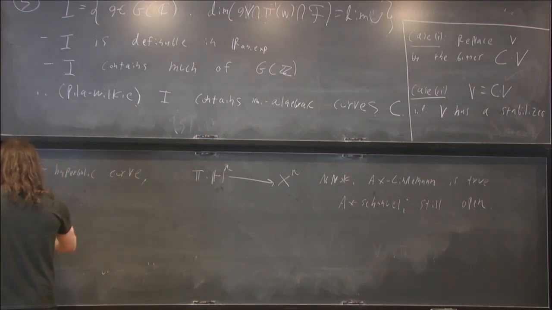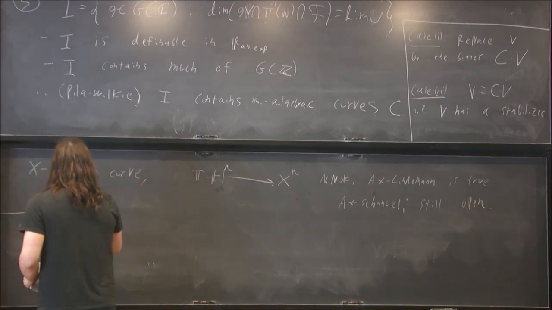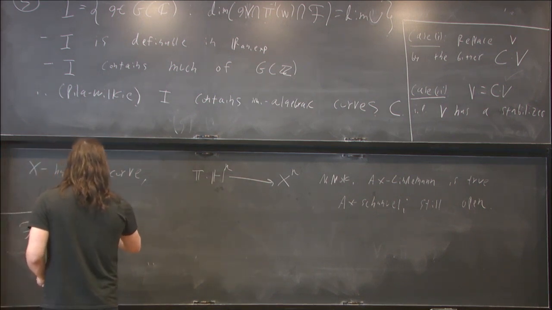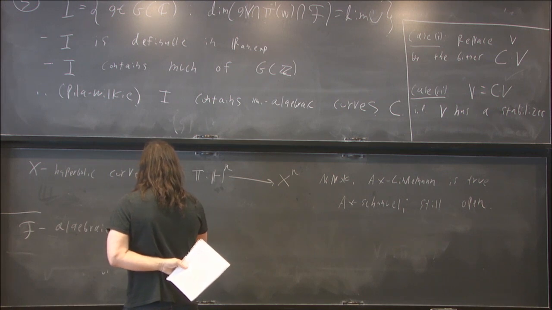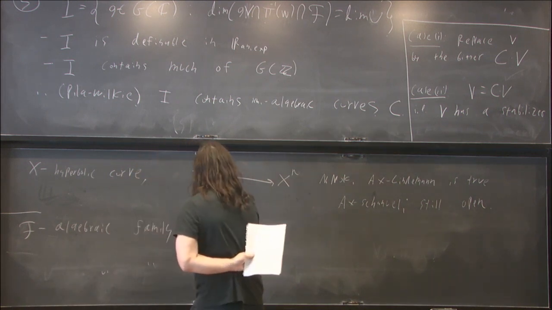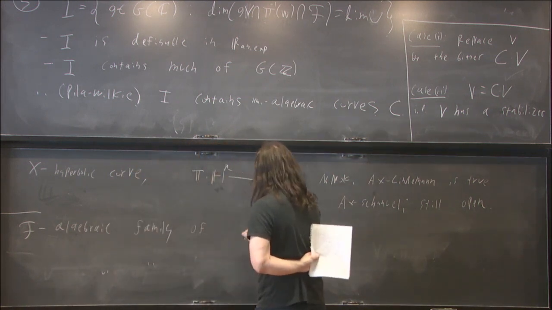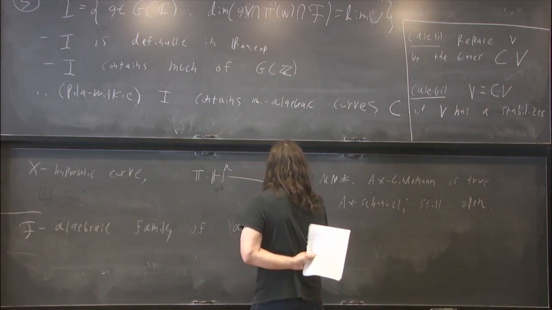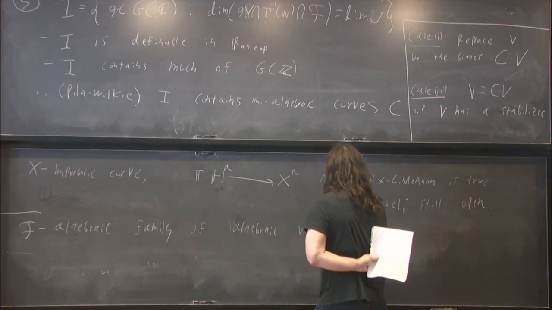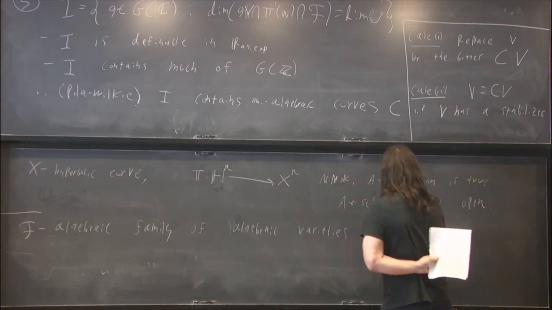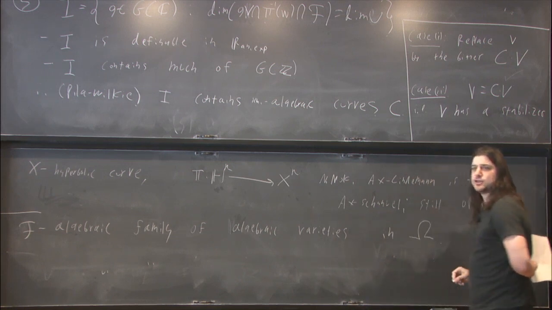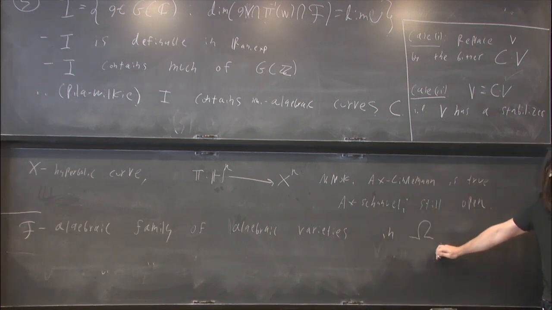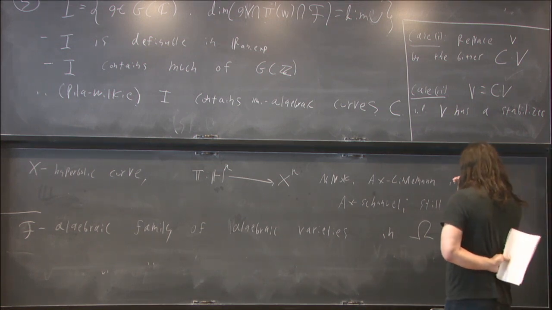Take F to be an algebraic family, and I'm going to be imprecise now on purpose, instead of by accident, of algebraic varieties in Omega. You can think of some Hilbert scheme if you want, or you can take some much more restricted family, any sort of algebraic family. And I'll give some concrete examples in a minute.